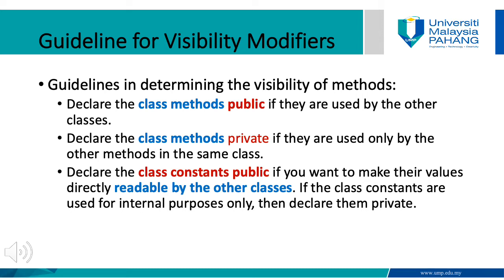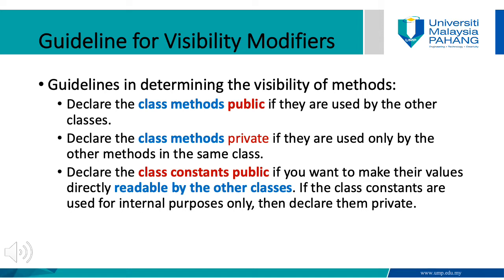The second guideline is to declare the class methods private if they are used only by other methods in the same class. For example, in class A you have a class method, but you don't want class B or class C to retrieve the class methods in class A, so you should define the modifier for this method as private.